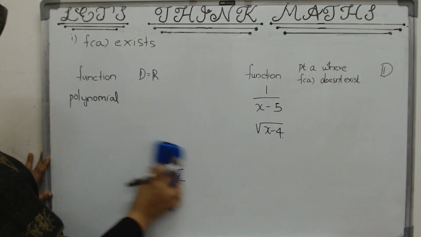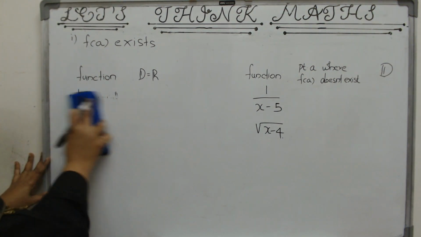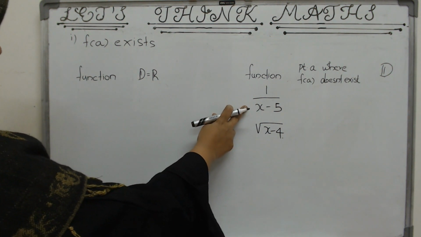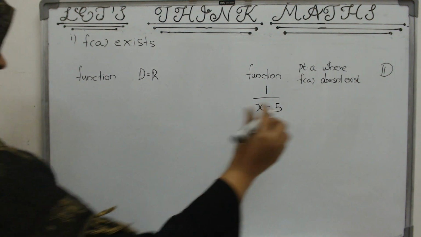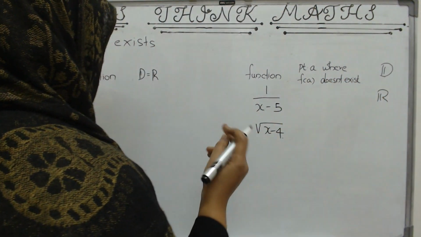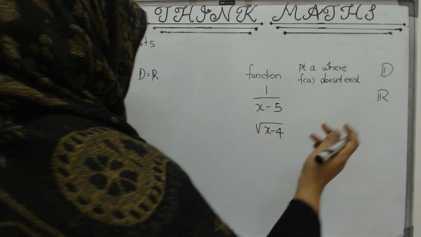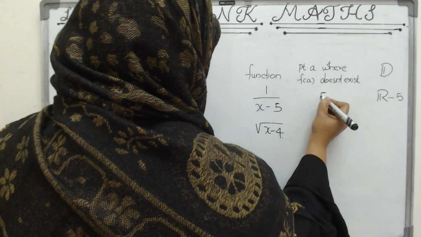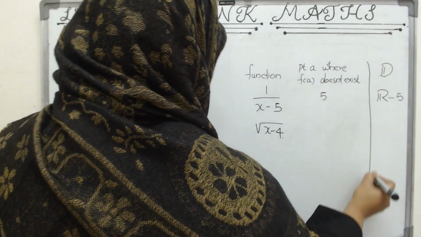So with these two examples, we will see what happens and at which point f(a) stops existing. Look at this function. Whatever real number you put in its domain, the answer will be finite. The answer will be real except for what number? 5. You cannot have the point 5. Why?